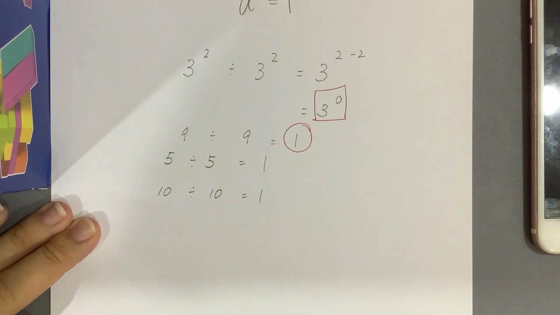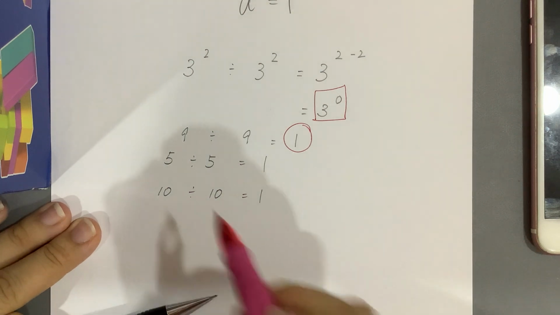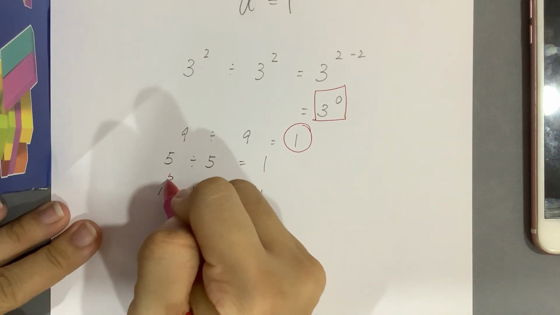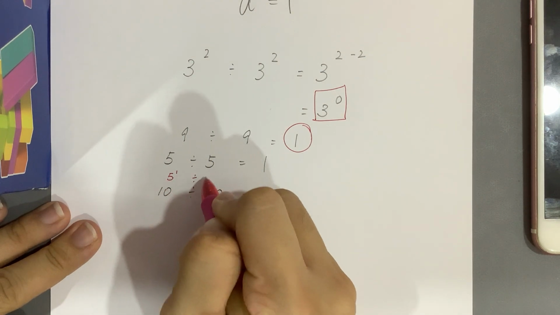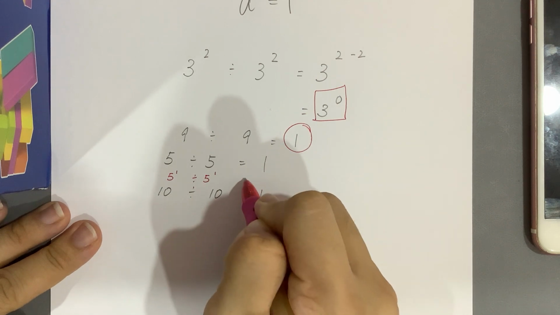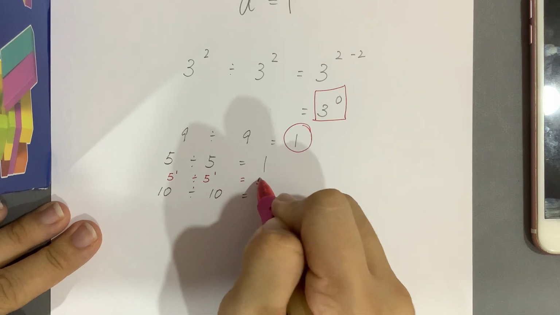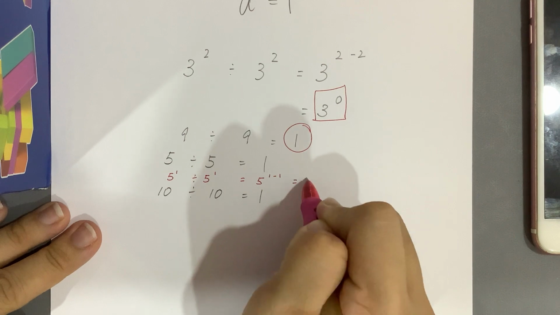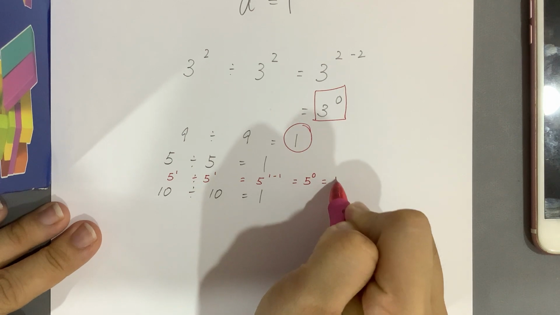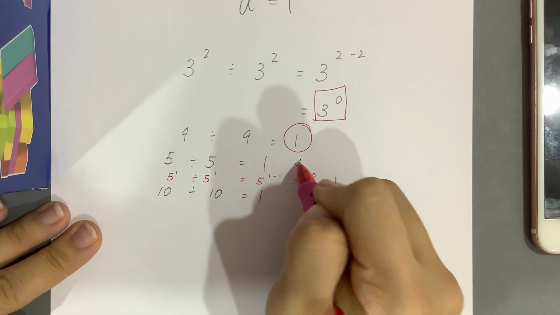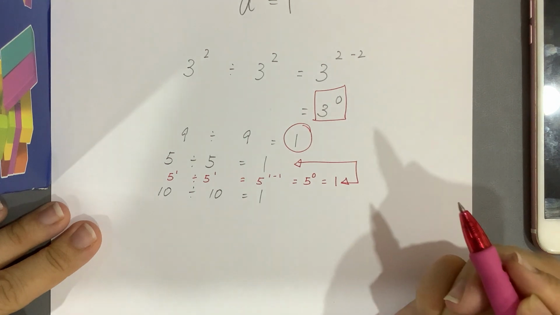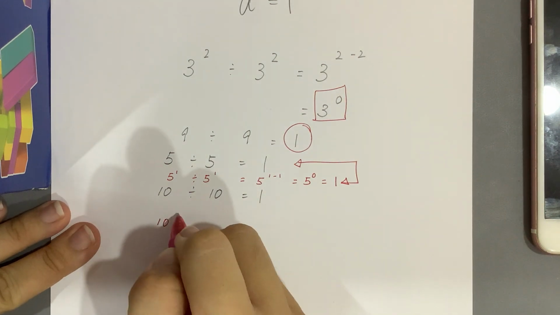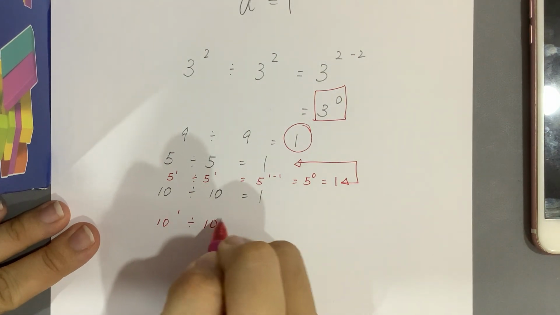So in this case, it will be 5 to the power 1 divided by 5 to the power 1, which is actually 5 to the power 1 minus 1, 5 to the power 0, which is 1. Can you see the relation now? Another one, 10 to the power 1 divided by 10 to the power 1.